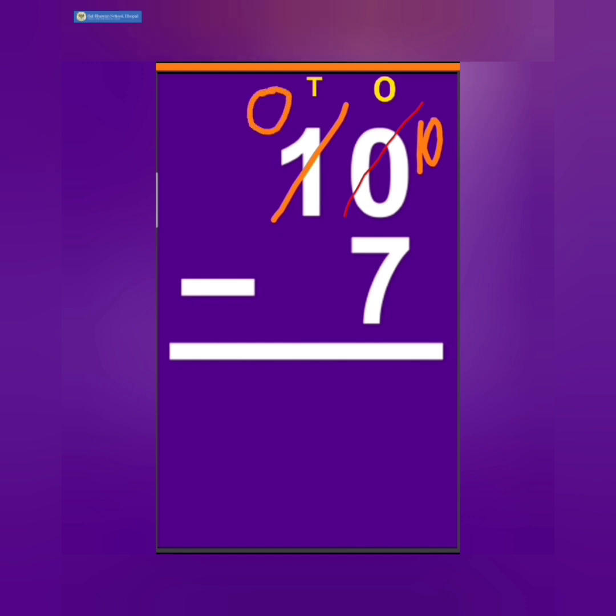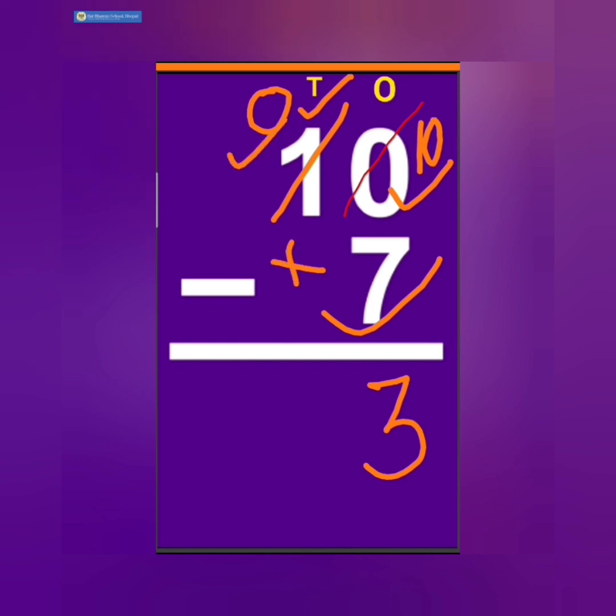Now take away 7 from this 10. It will be 3. Now let us check the tens column. 0 minus nothing is given here. Let's bring it down, or you may omit this if you want. So the value here is 3. The difference of 10 and 7 is 3.